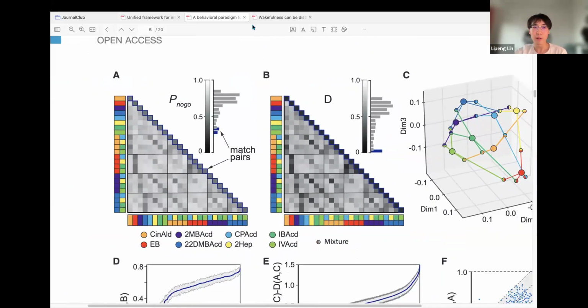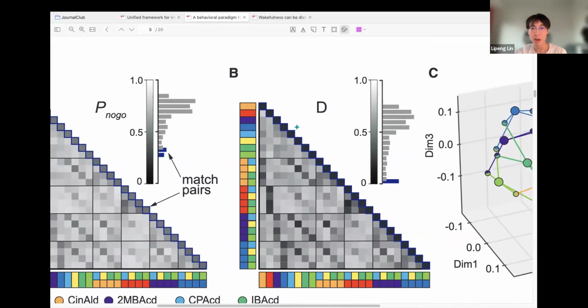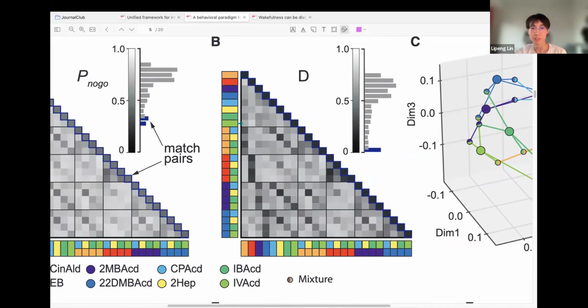And what I found interesting is, after they converted to distance, you can see here and here, the orange and the sky blue corresponding to this orange and this sky blue here and here.